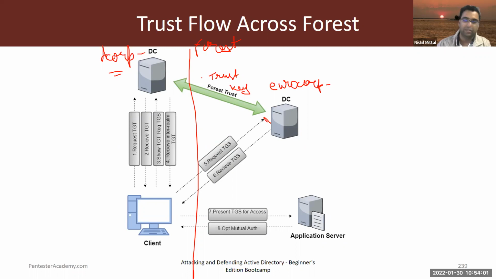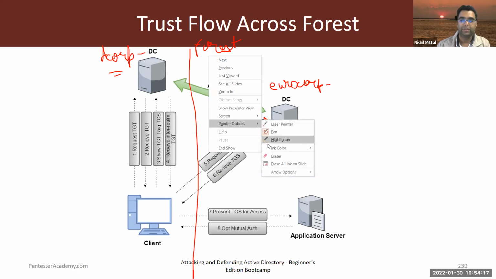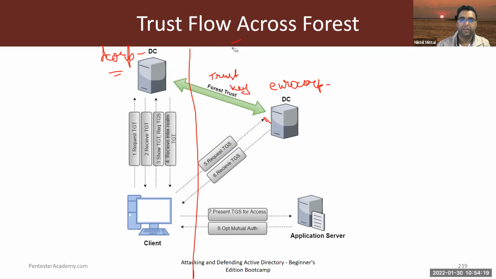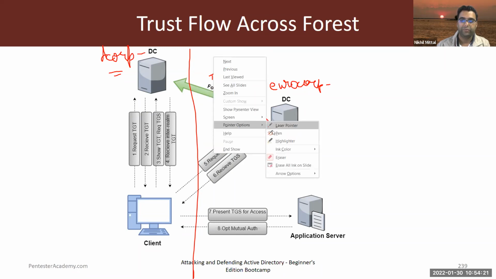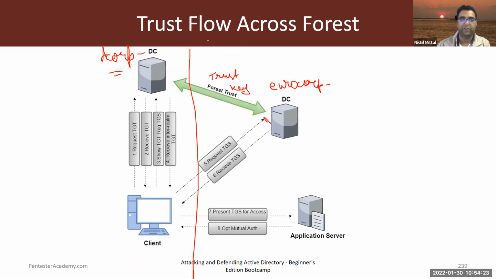And the main reason what stops you, I mean, there are multiple things that stop this. But if you ask me what is the one thing that stops you from getting enterprise admin privileges across forest trust, why can't we abuse SID history across forest trust? SID filtering.